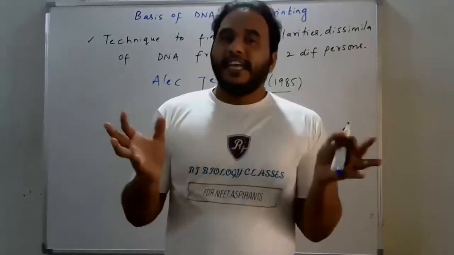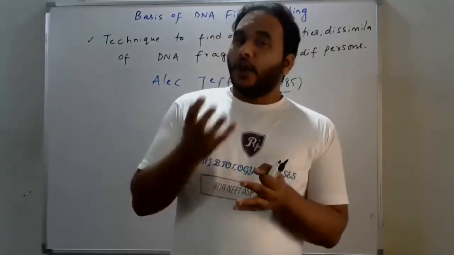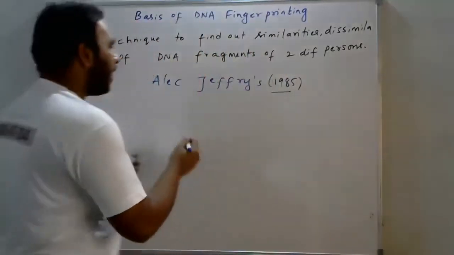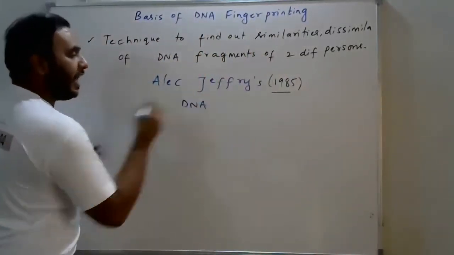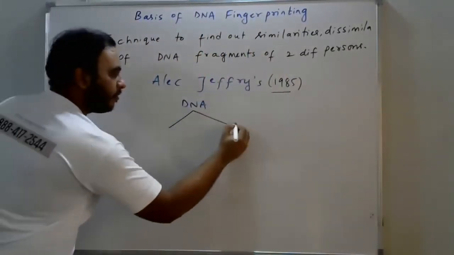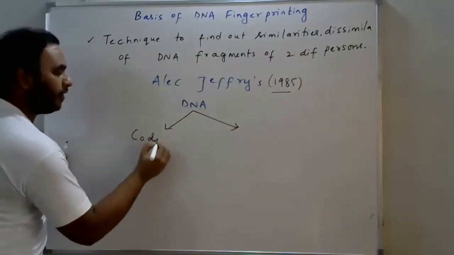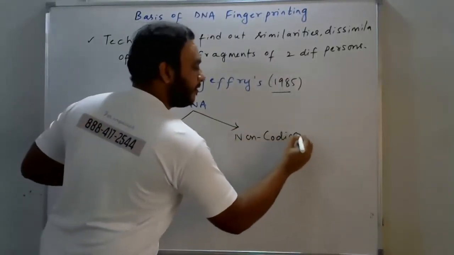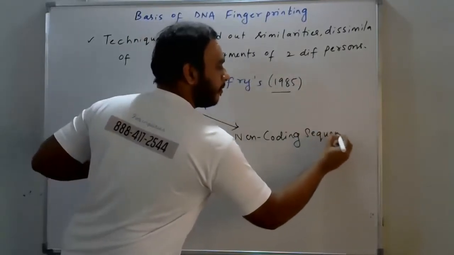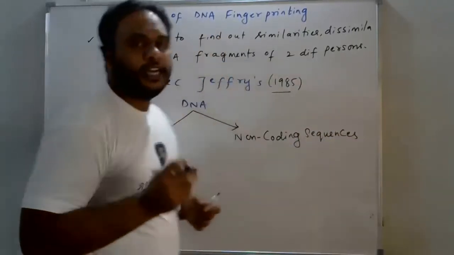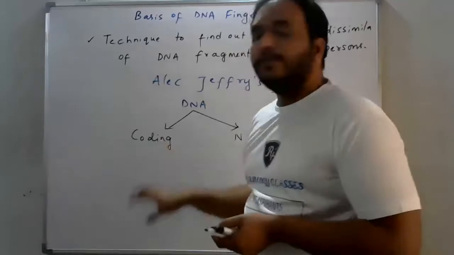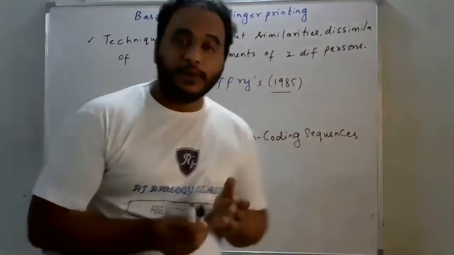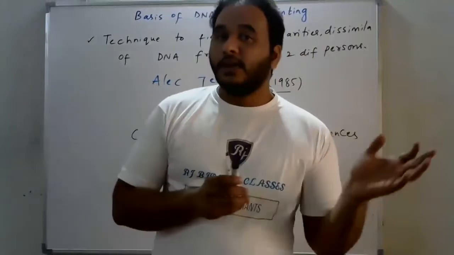In general, the DNA carries some non-coding sequences along with coding sequences, right? In eukaryotes, the DNA carries coding and non-coding sequences. We have studied the coding sequences, consisting of coding genes called exons, and the non-coding sequences called introns.